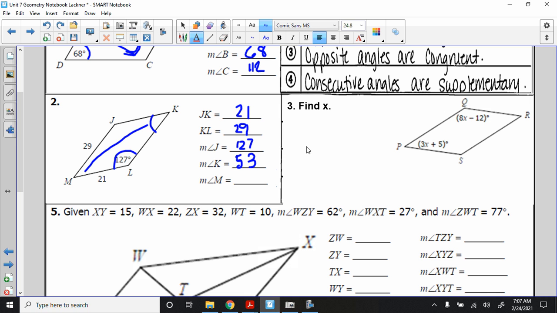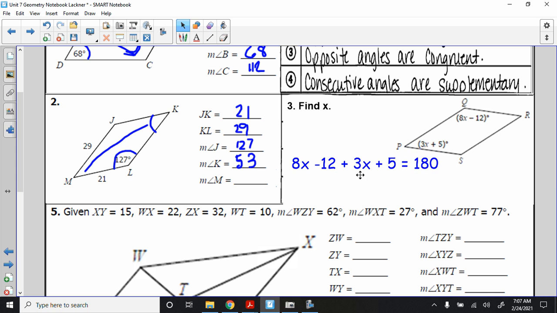So your equation for number 3 would be 8x minus 12 plus 3x plus 5 equals 180. That would be your equation for number 3. And I'm not going to solve it, we're just going to move on, because by now I think you have solid skills at this. If not, we can get you help some other time.